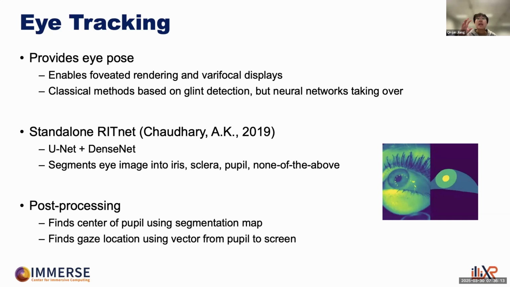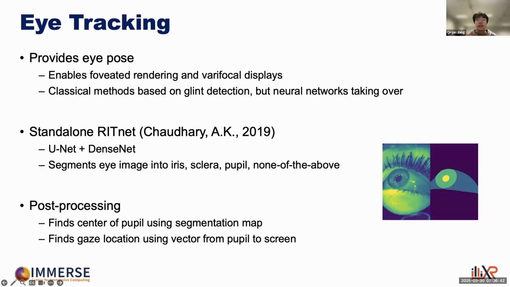So if we can get this information of where the user is focusing at from eye tracking, then foveated rendering will only render a small region around where the user is focusing at in very high resolution, but use lower resolutions for other areas outside that small region. This will give us extreme power savings and also boost the performance.